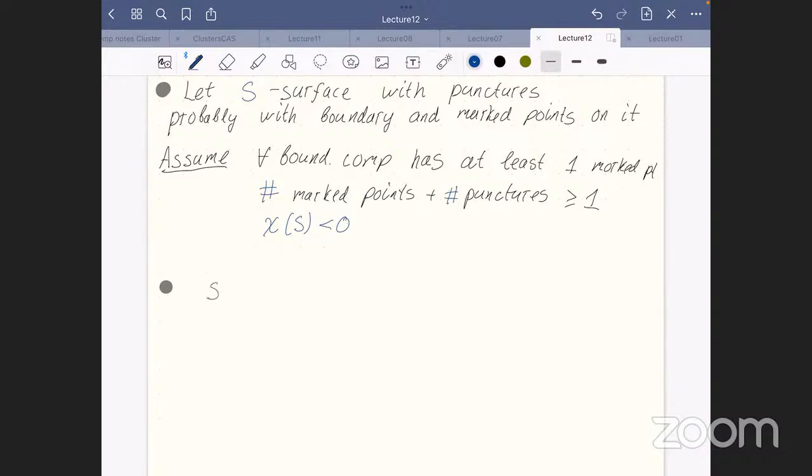Let me denote by S tilde, or S hat maybe, the universal cover.